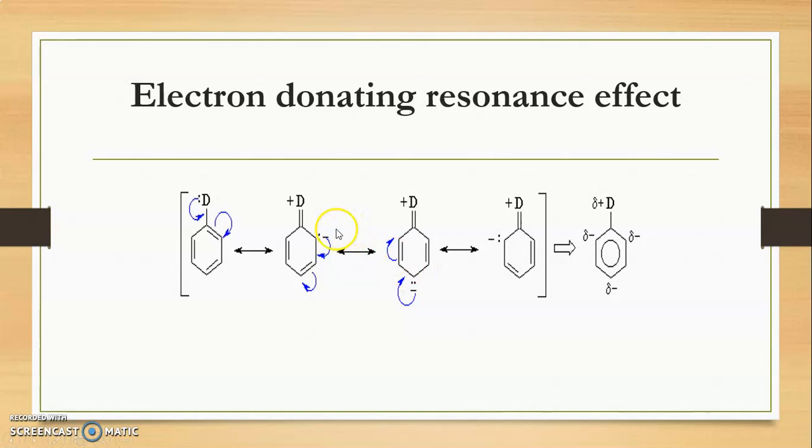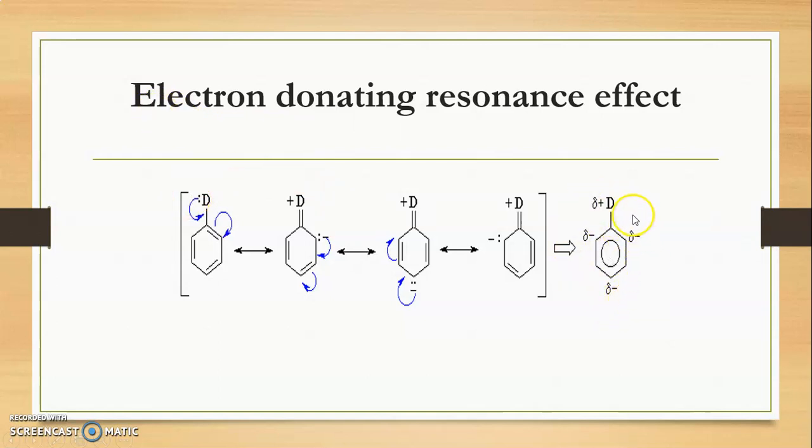Means here you can see the negative charge is placed first at the ortho position, then at the para position. Further, these electrons are shifted to this carbon atom to get stability, due to which this pi bond is broken down and the charge is placed at this second ortho position. Together, these resonating structures are possible for a group which is electron donating.